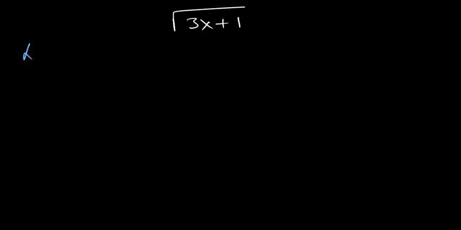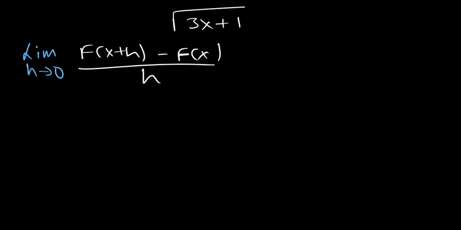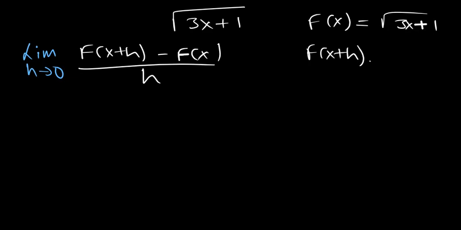Okay, our definition: the limit as h approaches 0 of f of x plus h minus f of x, divided by h. Our f of x is the original function, and for f of x plus h, wherever there's x in the equation, we put x plus h.